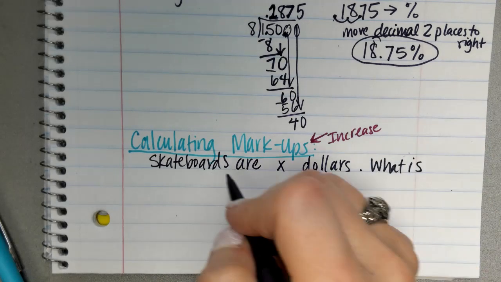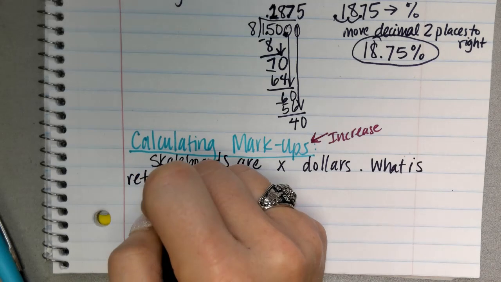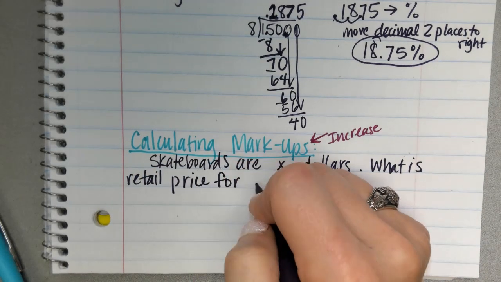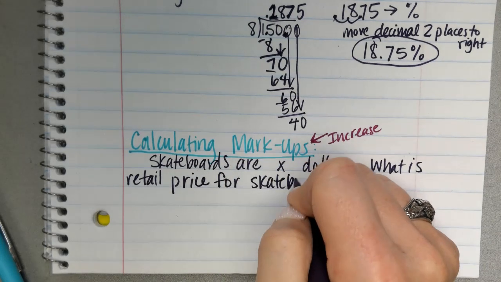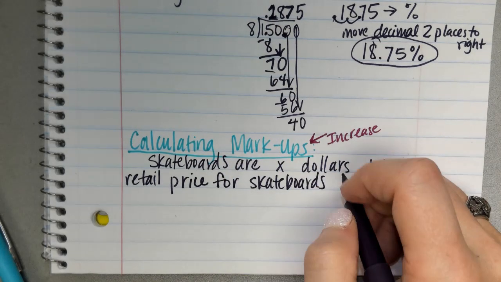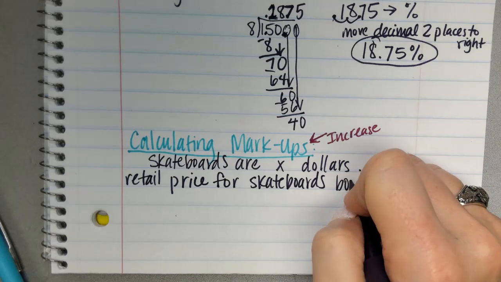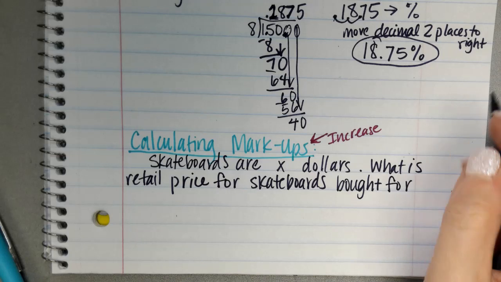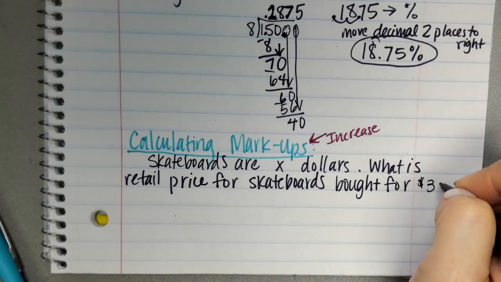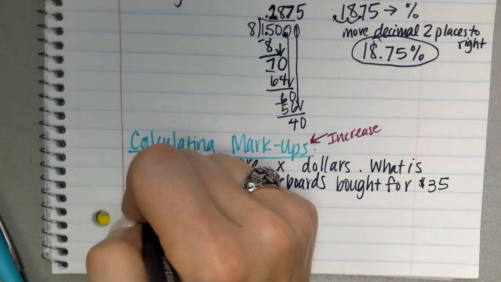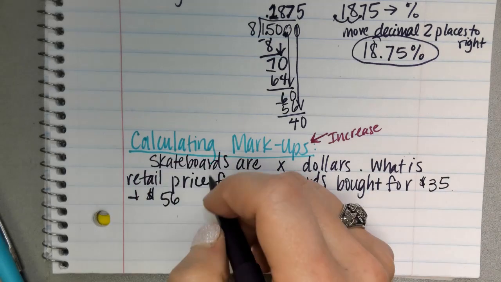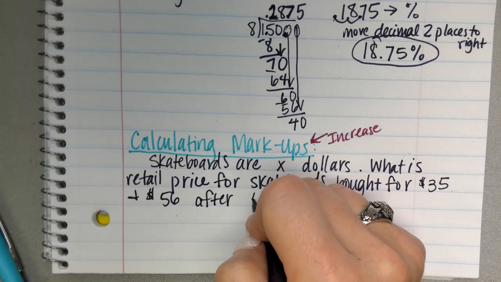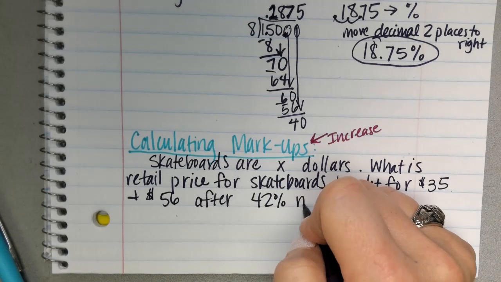What is the retail price for skateboards bought for $35 and $56 after a 42% markup?